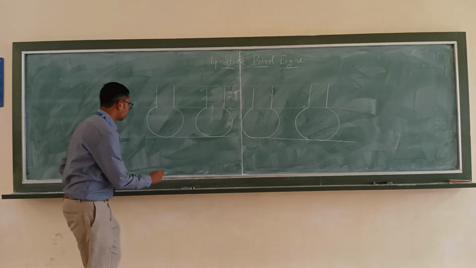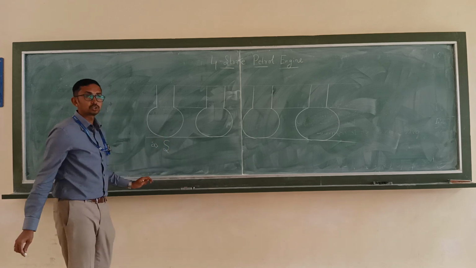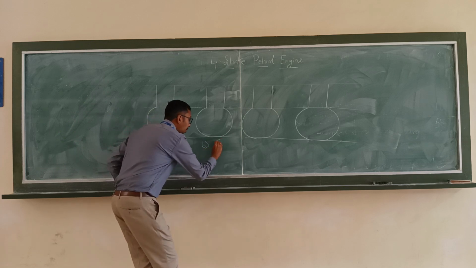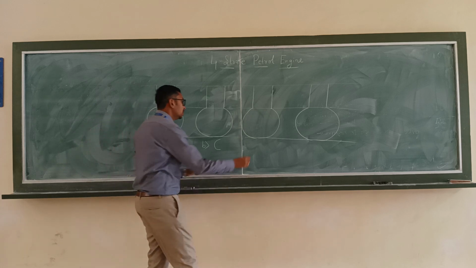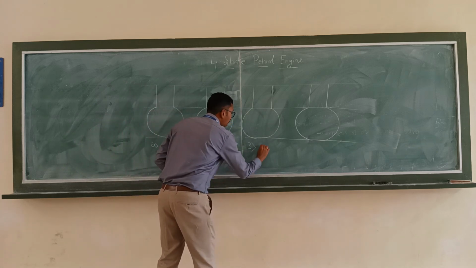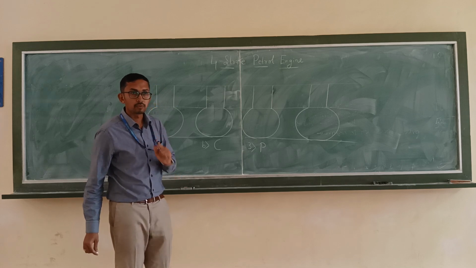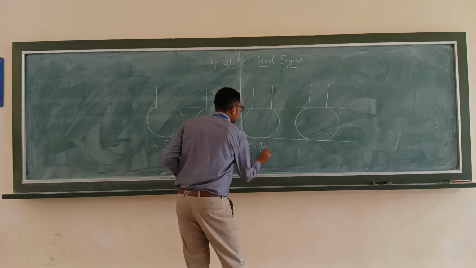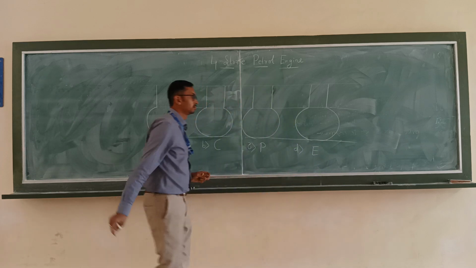What is the first stroke? The first stroke is the suction stroke. Second one is compression stroke. The third one is power stroke. And the fourth one is exhaust stroke.